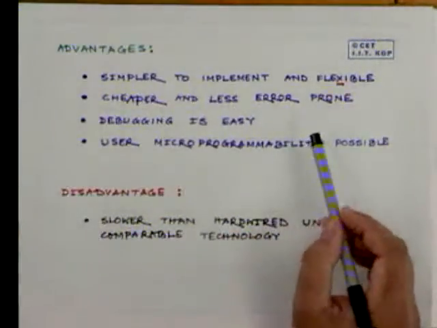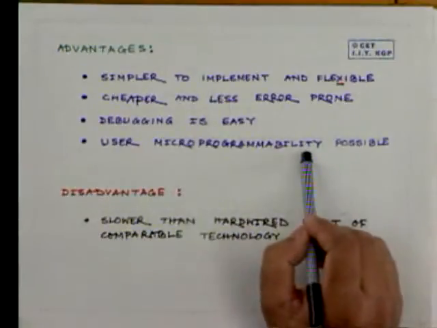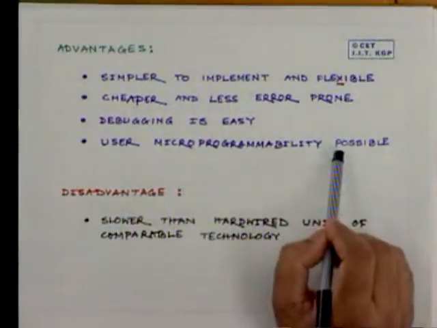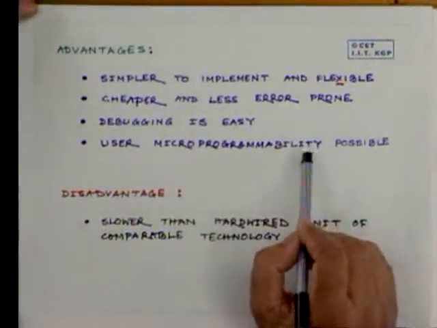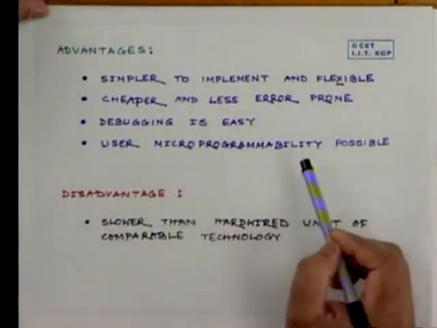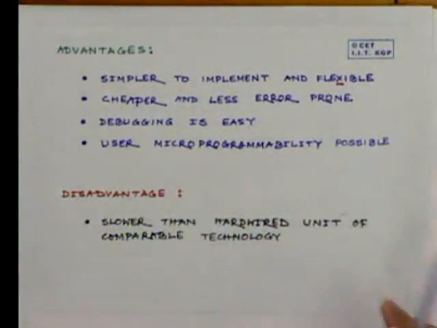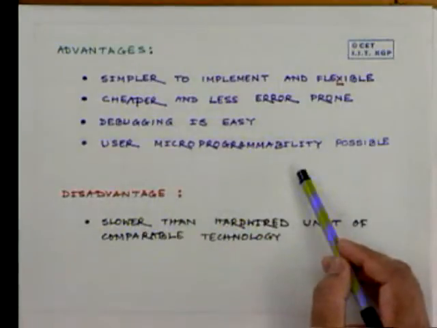Now the thing is that in such a situation, the writable microprogrammable memory tends to make the machine a bit slower because writable memories are generally a bit slower.